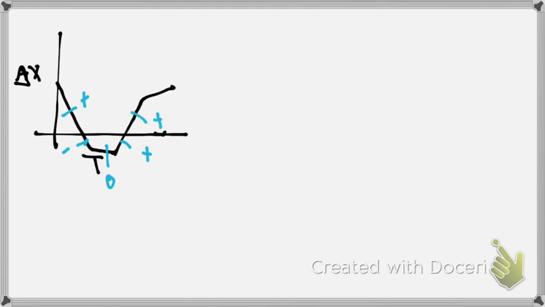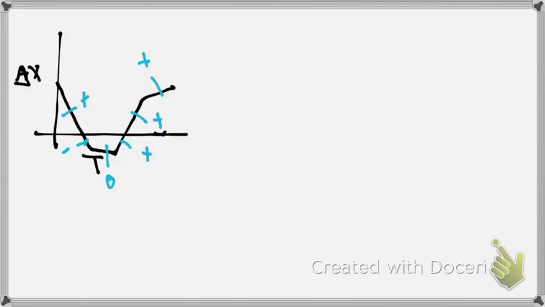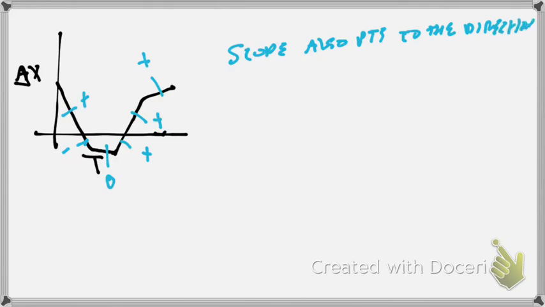Velocity is positive, and velocity is positive. That is what that's showing. So the slope also points to the direction of velocity.